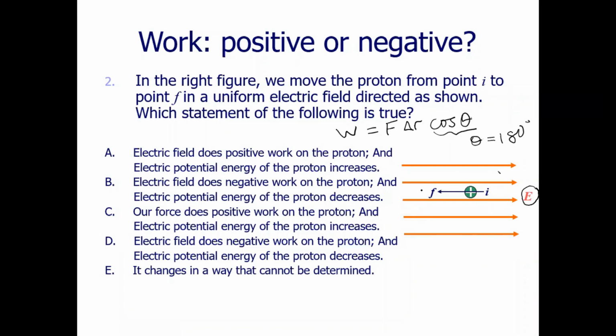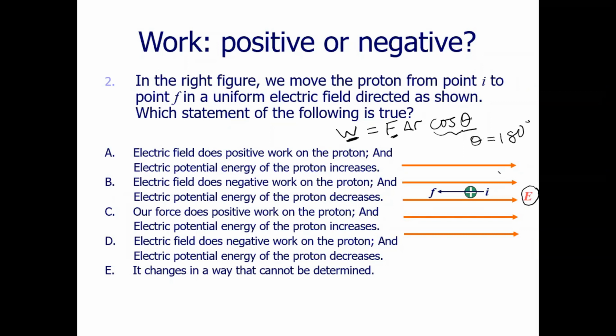So the work that is done by the electric field will be negative because cos theta gives us -1. Any problem there before we proceed? Are we all together?